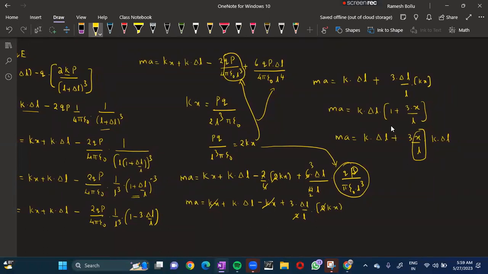This x by L you have to remove, and in the place of the x by L, you have to replace with this K into delta L.